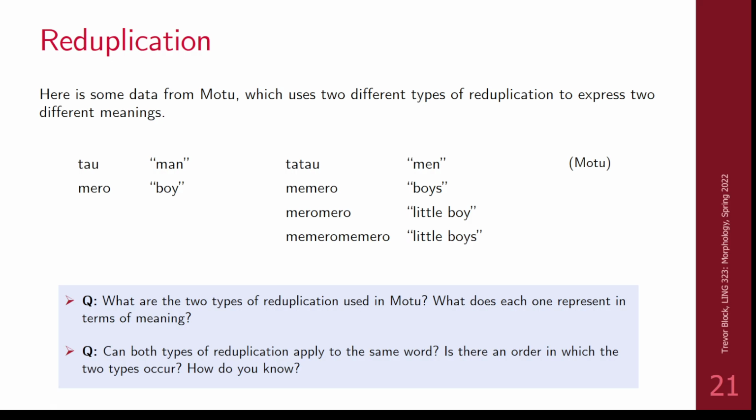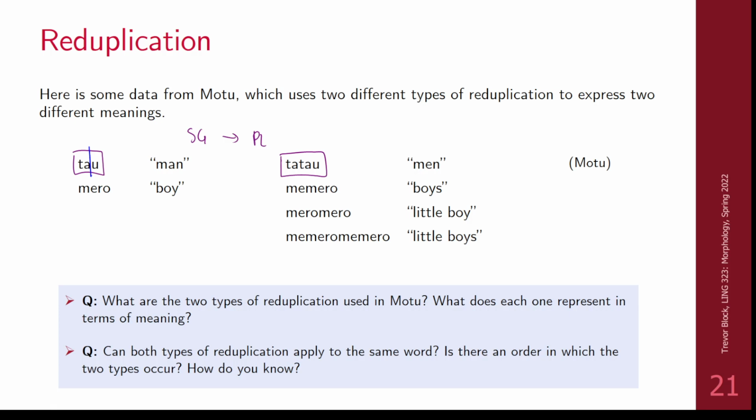But we can also have partial reduplication. So in Motu, we have tau, which is man, going to tatau, which is men. So we're getting a difference of plurality, so singular to plural, and the whole thing is not being reduplicated, only part of it. So we're not doing tautau, we're just doing tatau.